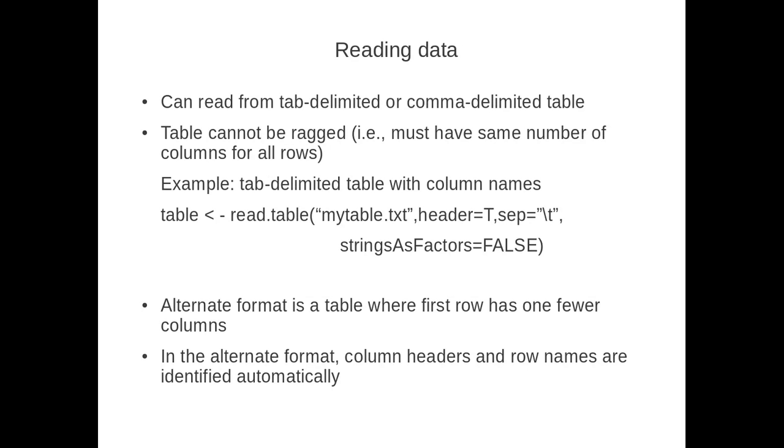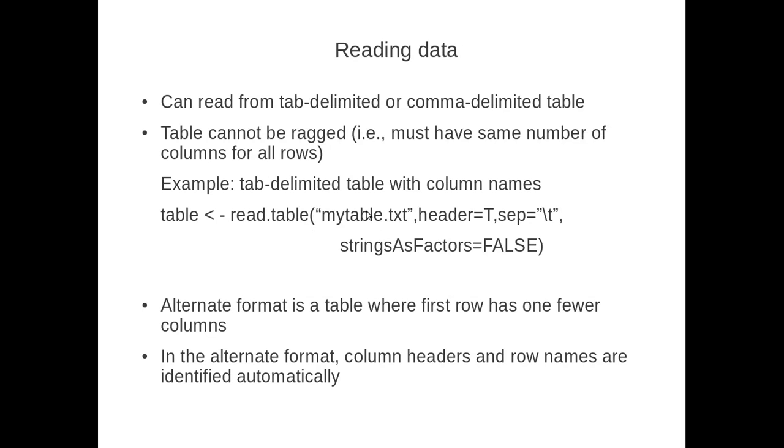So let's talk about how you read data in. For part of your homework, this is one of the things you'll need to do. You need to read in data from, say, a tab delimited or comma delimited text file. The table cannot be ragged, so that means you have to have the same number of columns or fields in each row. Here is a way in which you could read in a table using the read.table function.